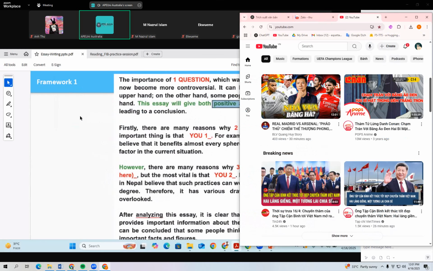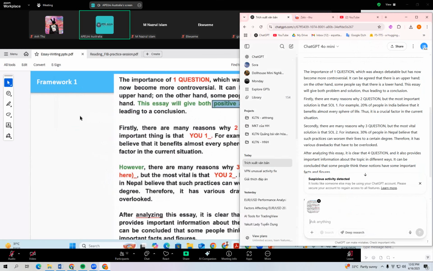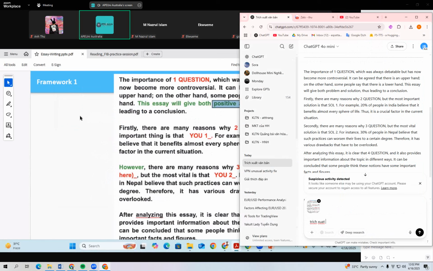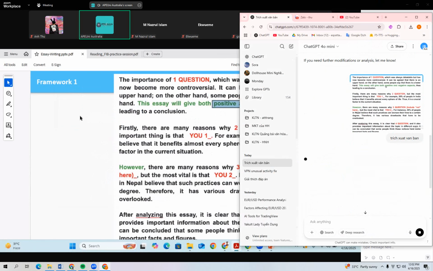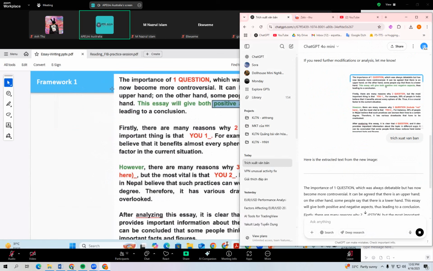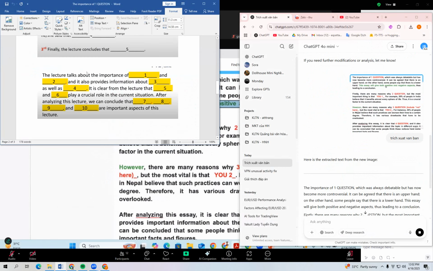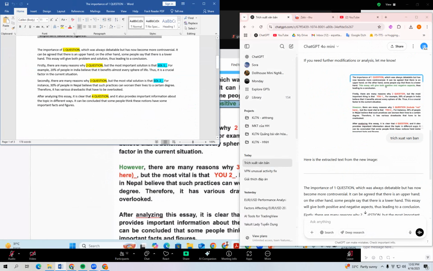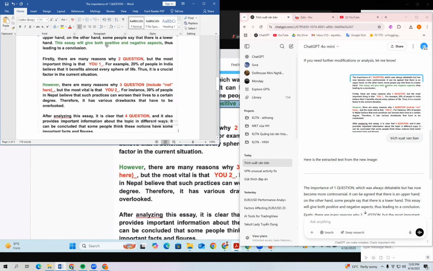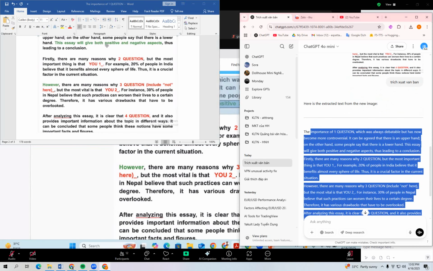At first you have to identify whether it's a positive and negative essay, or problem and solution essay, or question and answer essay. After that, you have to go through the template or framework. Here is your framework that is applicable for positive and negative essay.